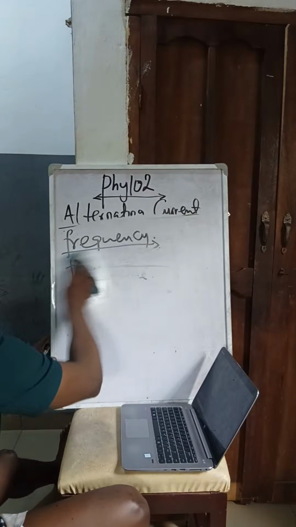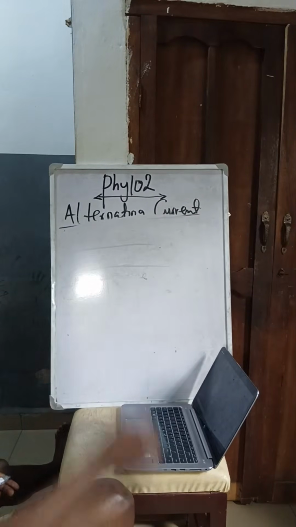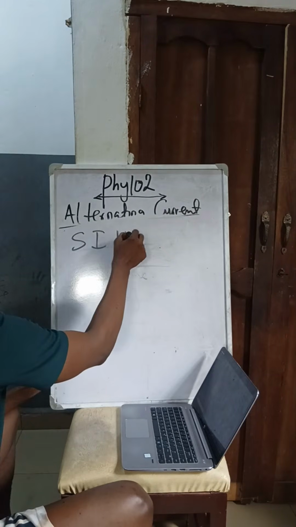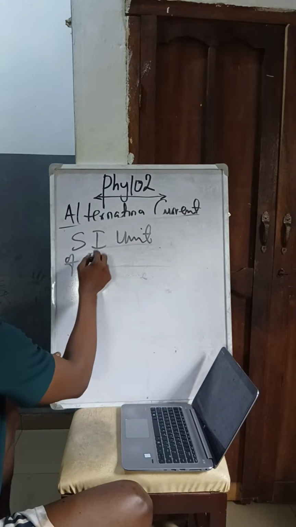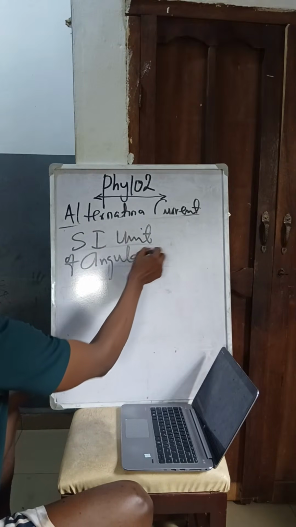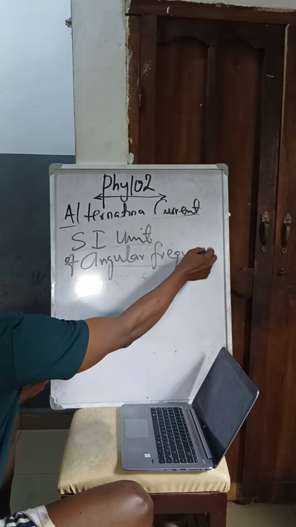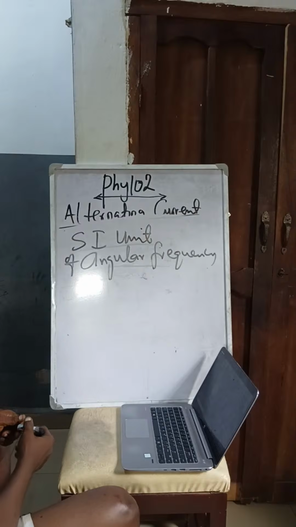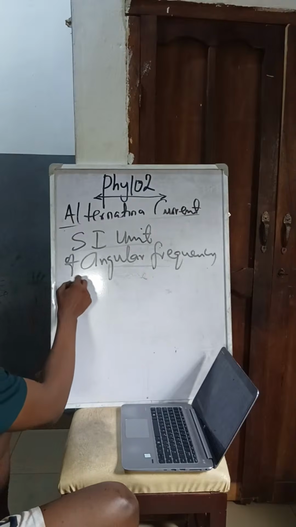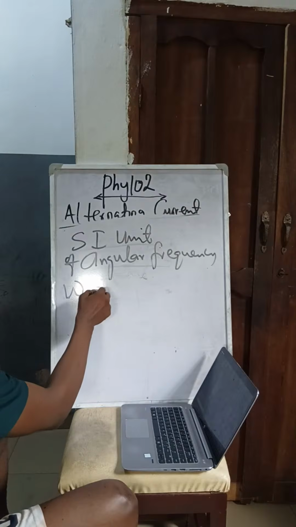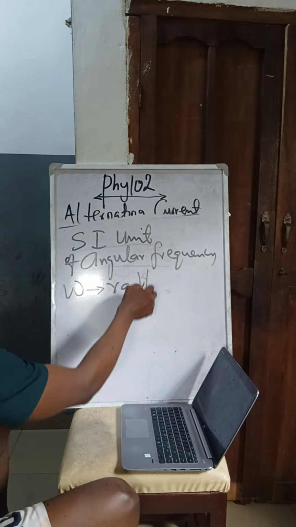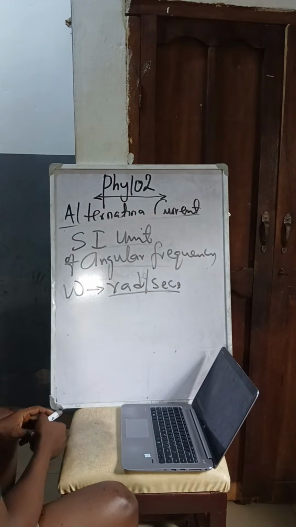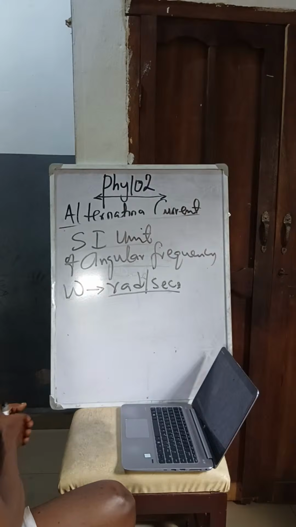Now, the SI unit of angular frequency is radian per second, or rad per second.